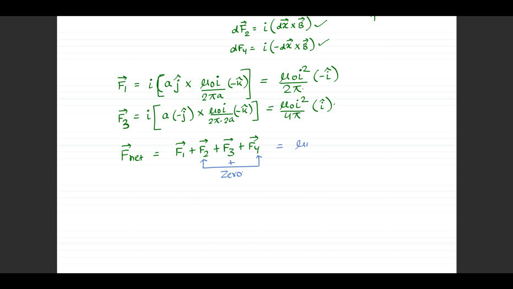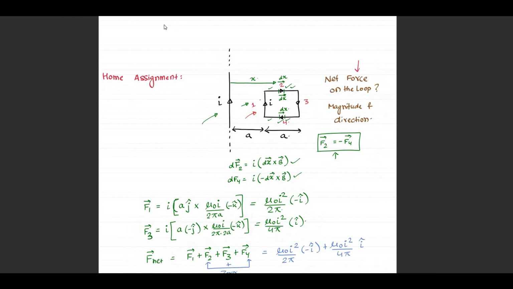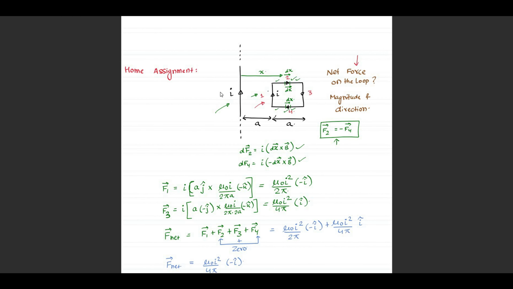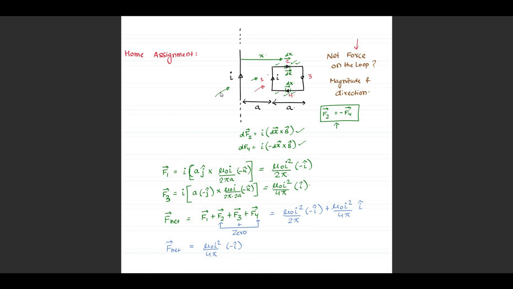So if I put the value of the remaining 2, this is the required answer. Fine. You can note this down.